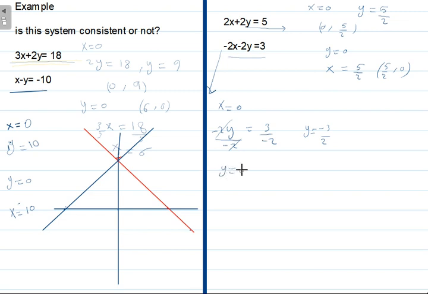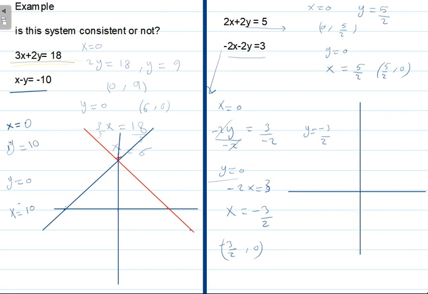If y equals 0, the x-intercept, then minus 2x equals 3, then x equals minus 3 over 2 as well. I have (minus 3/2, 0). Let me represent these 2 points.